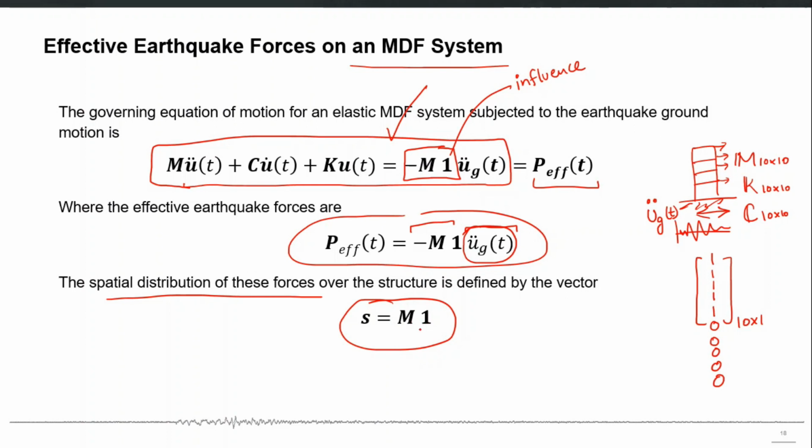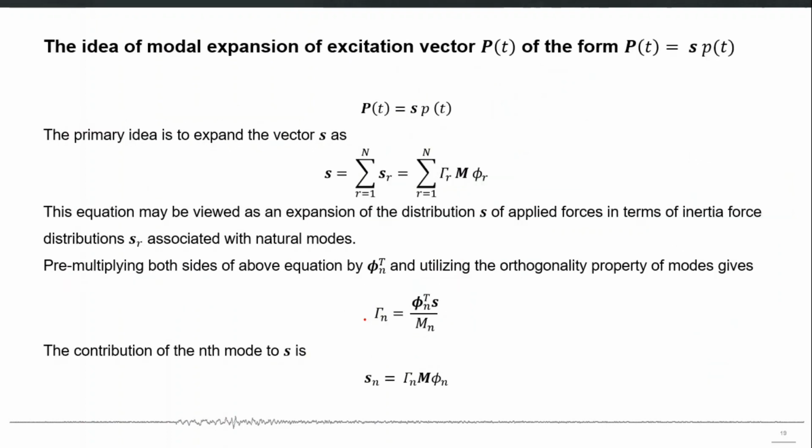So let's represent that m into 1 as the S vector, right? So now the concept is called the modal expansion of excitation vector, which has the form P of t equal to S times P of t. Let's say that we have some forces P of t which are defined by a product of two quantities.